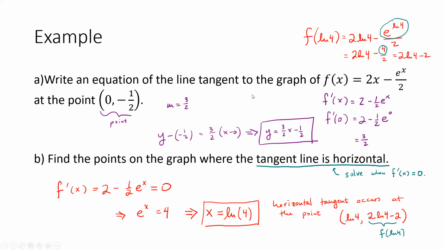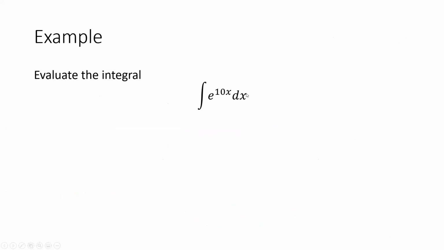Well, let's practice some of the integration stuff here. Keeping in mind here that the integral of e to the x is also just e to the x. And I kind of want to point out here, you've got e to the 10x.